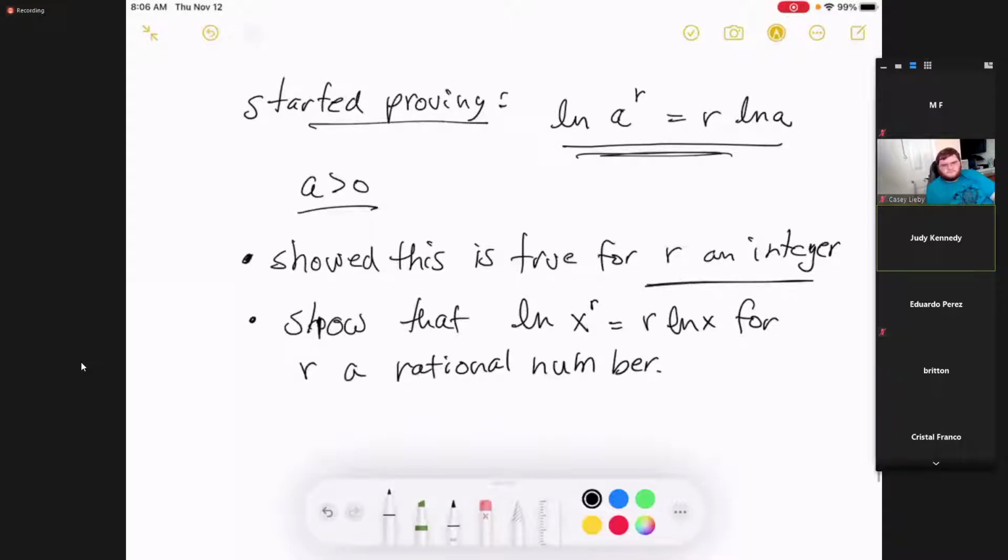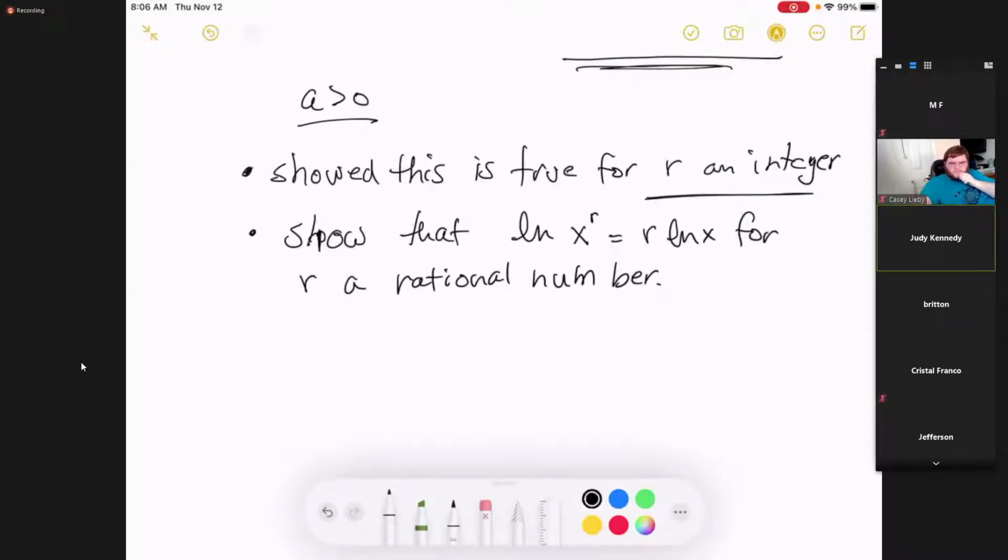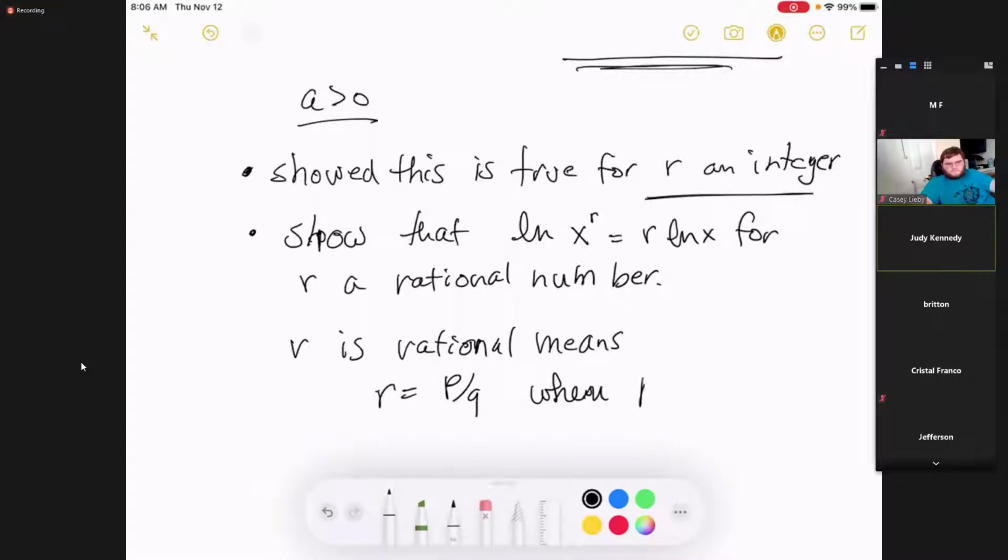Does anybody remember what a rational number is? Is it a fraction? Yeah. Okay. It's a fraction. It's a quotient of two integers. It means r is equal to p over q, where p and q are integers.